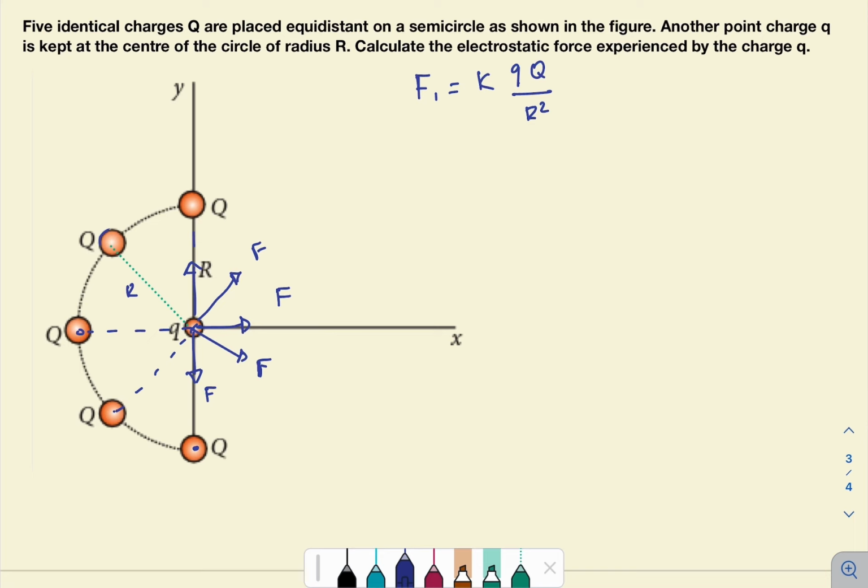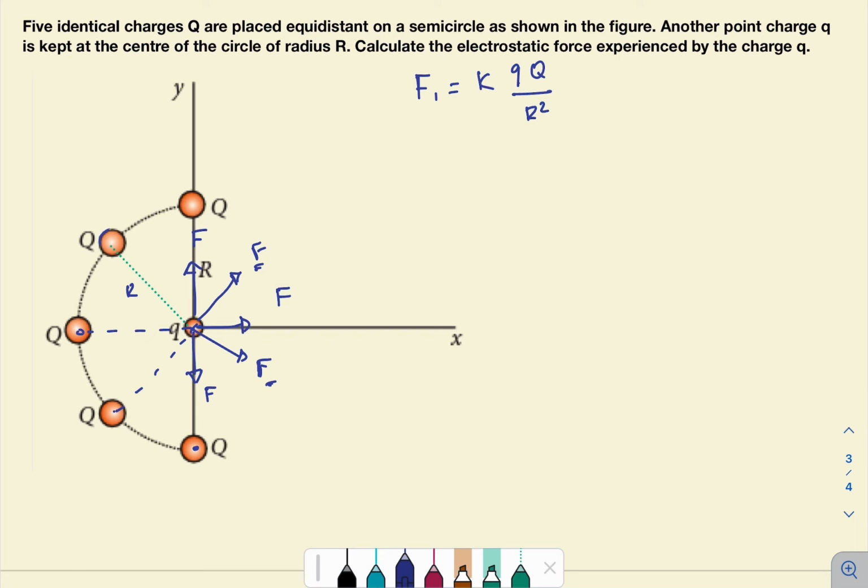Now I want to find the net force. There are many ways to do this problem, but the simplest and shortest way is to consider equal forces. Let's say this force and this force are equal and opposite, so they cancel each other.